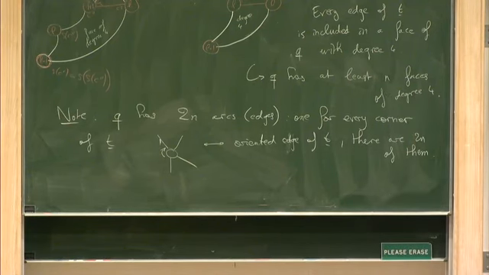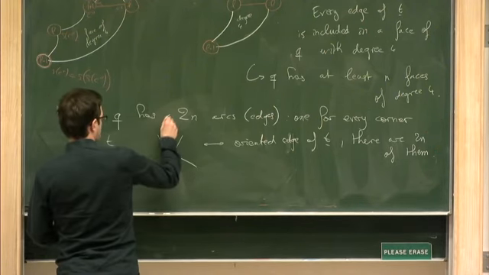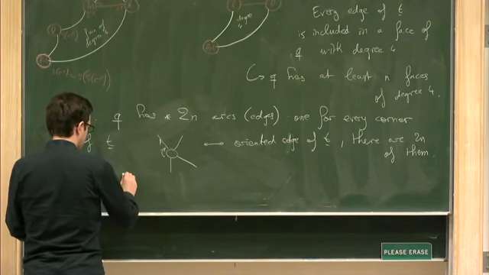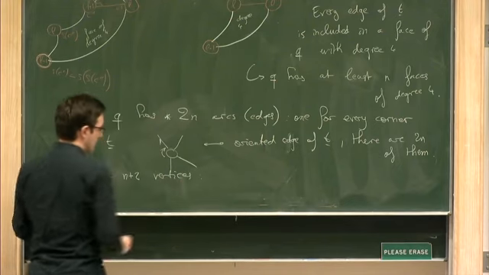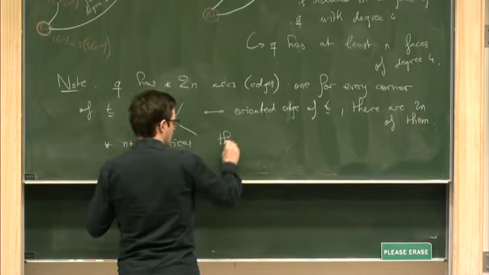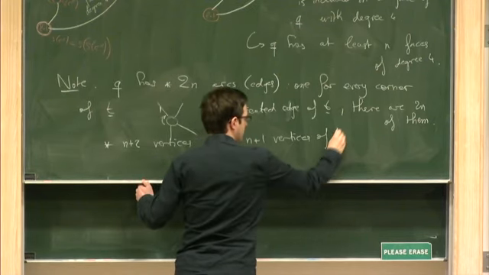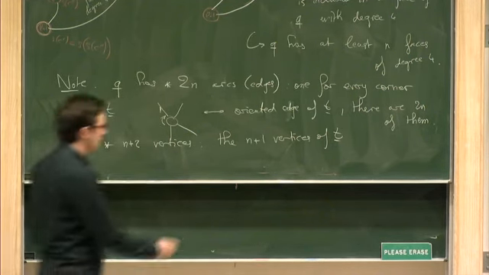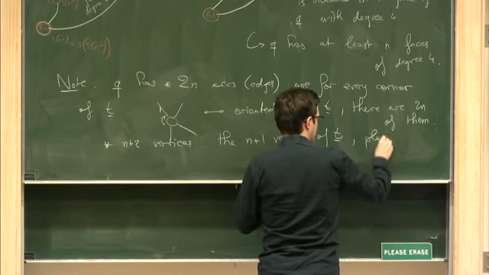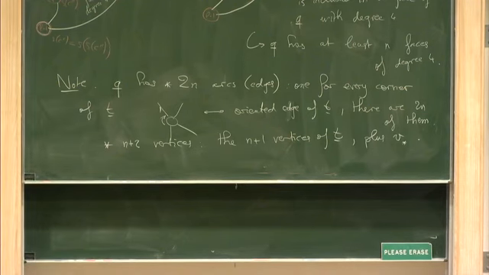So Q has 2n edges, and it also has n plus 2 vertices. Why is that? Well, it has the n plus 1 vertices of T. Remember that a tree with n edges has n plus 1 vertices, plus V star. And the list of vertices is all there.